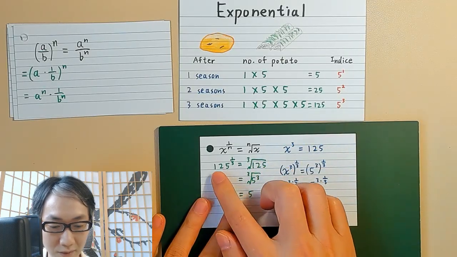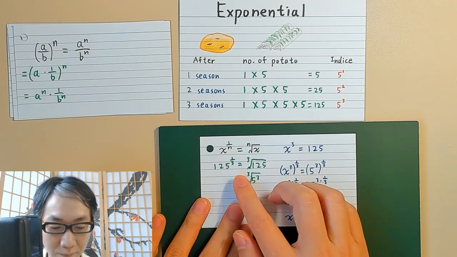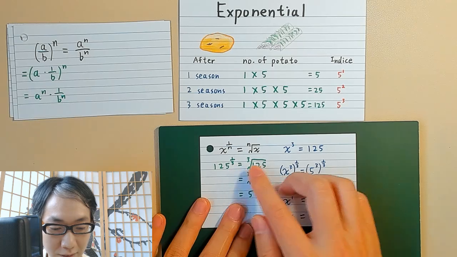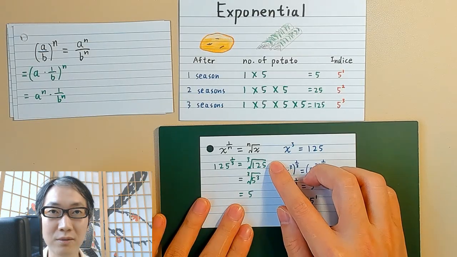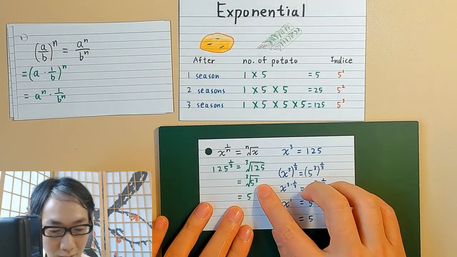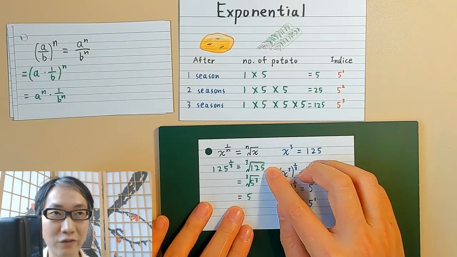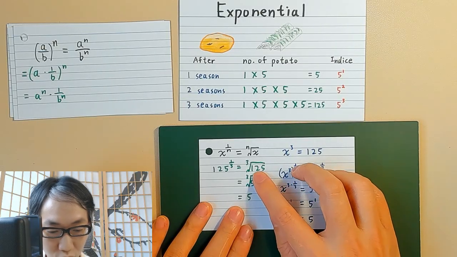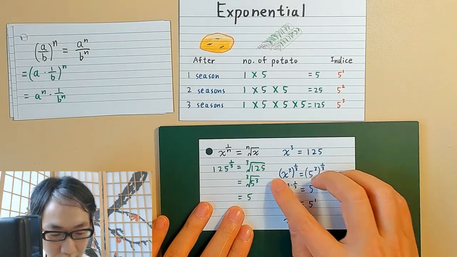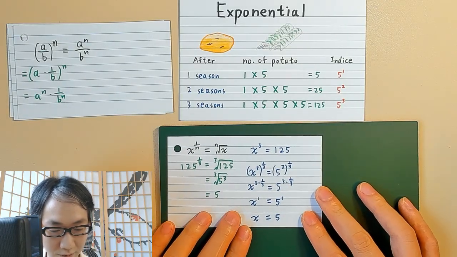These two are the same. 125 to the power of 1 over 3 has the same meaning as the cube root of 125. And then we solve this. 125 can be expressed as 5 to the power of 3, and we do the cube root, then it will become 5.